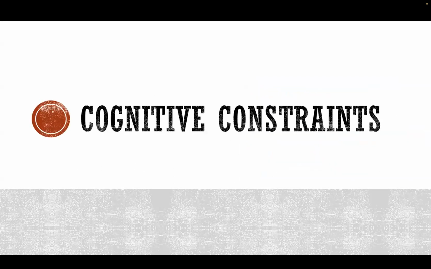Okay, what if we now want to start including cognitive constraints? Right. So for instance, does it make sense to add memory to these models? Since it's not making a choice based on the previous choices.